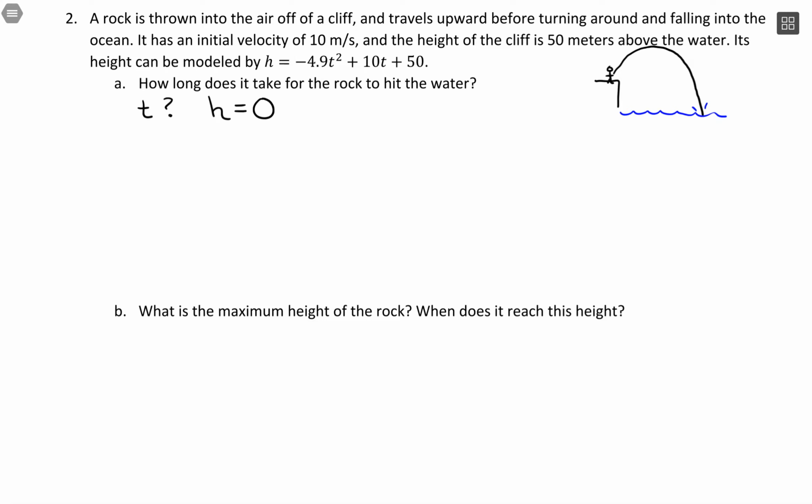We just need to figure out what our input should be. And then we're going to look for the maximum. So we're going to look at that vertex of the graph and grab the coordinate there. So let's pop over to Desmos. And let's see, I just need to memorize that formula real quick. So negative 4.9t squared plus 10t plus 50.